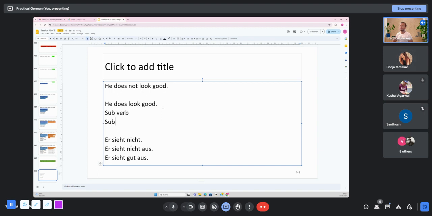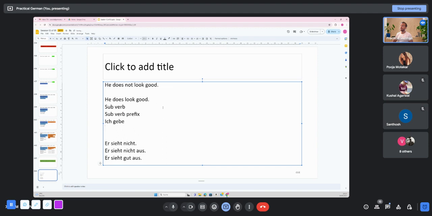If the verb is separable, then you write subject, verb, and the prefix. For example, ich gebe, I give. But if you want to say I submit, then you will say ich gebe ab, because here the verb is geben and here the verb is abgeben. Does it make sense?